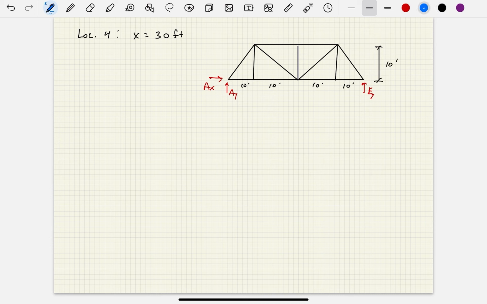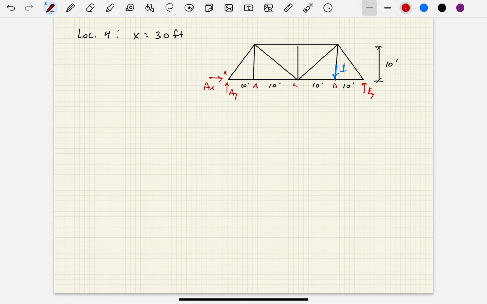Now, where is that unit load? It's going to be right here at 1, magnitude, but at joint D now, okay, right? Because this is, you know, joint A, B, C, D, all right?